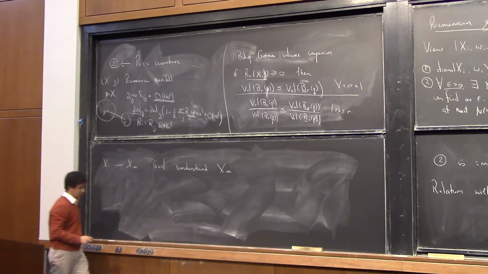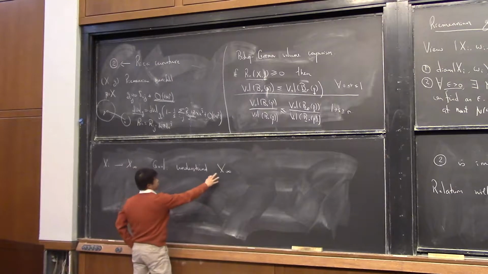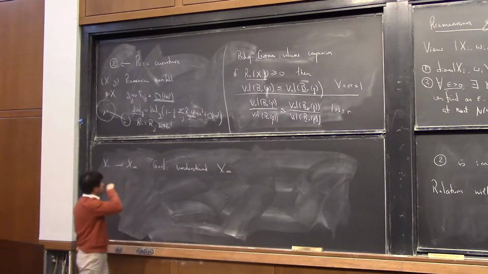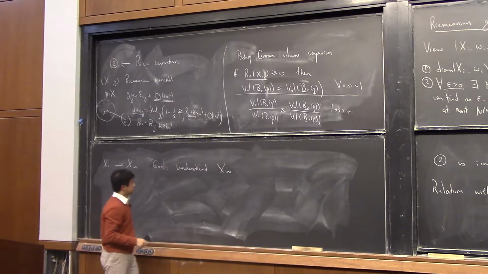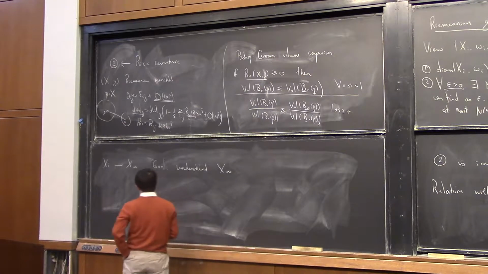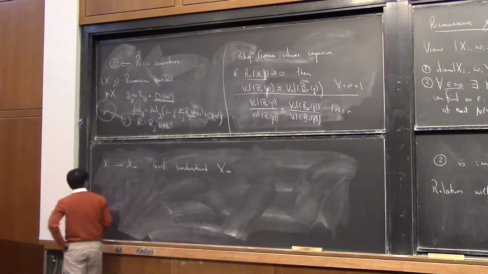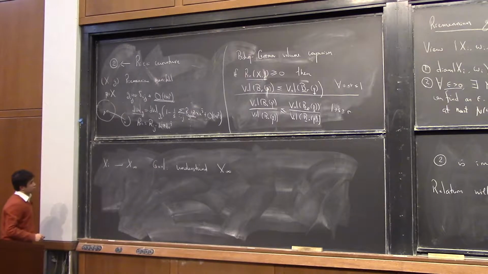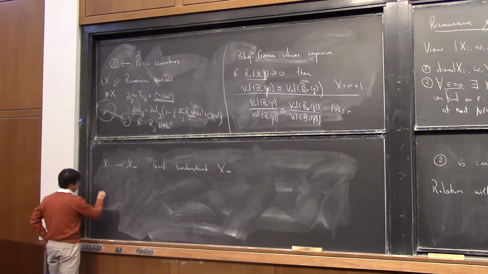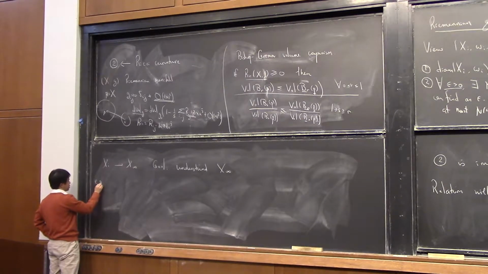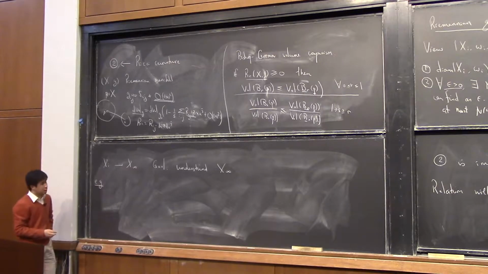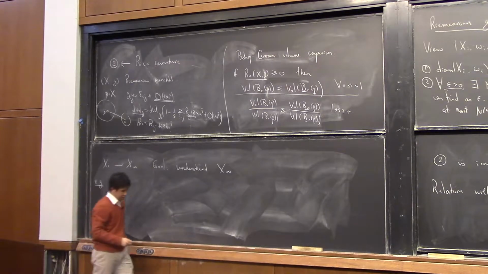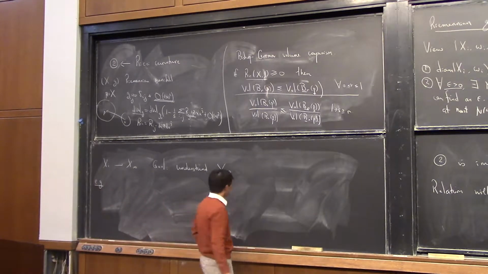Can we extract any algebraic structure on X infinity? If you look at the examples, we will see that this is not always the case, that X infinity is an algebraic variety.